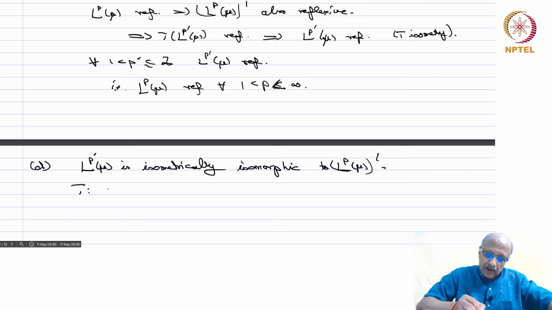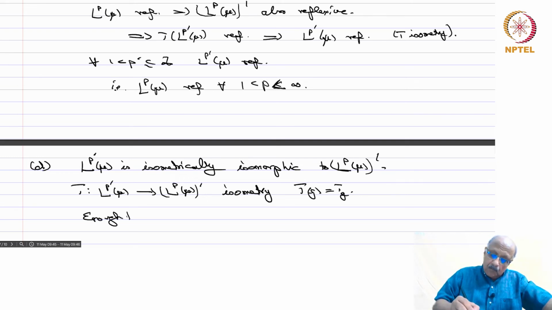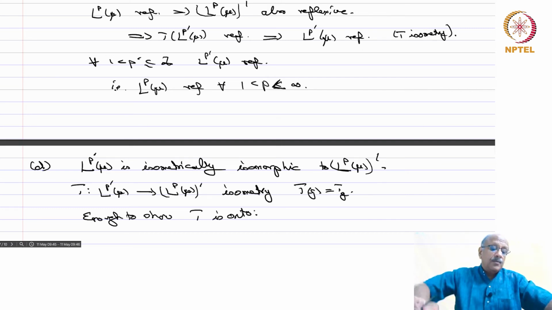So T from L^p'(μ) to L^p(μ)' is an isometry, T of g equal to Tg. So it is enough to show T is onto. So that will complete the problem.